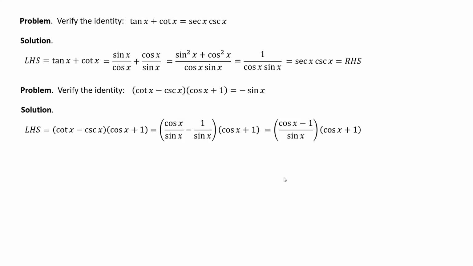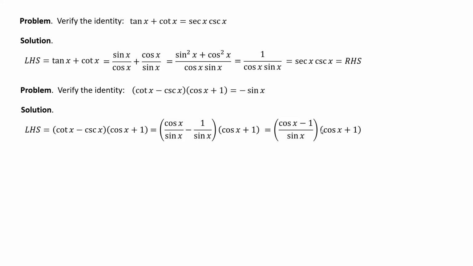So if we multiply these directly, cosine x minus 1 times cosine x plus 1, we get cosine square x minus 1. Wait, isn't there an identity? Yes, but that identity actually says 1 minus cosine square x is sine square x. Are you with me?